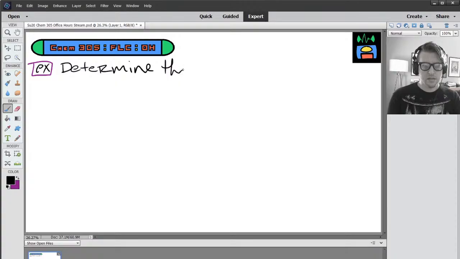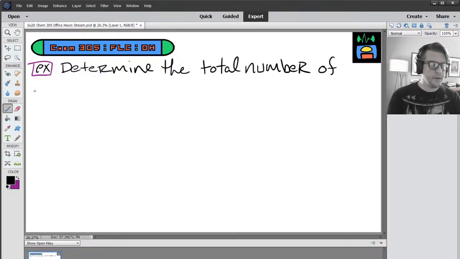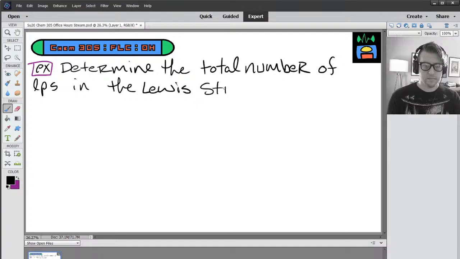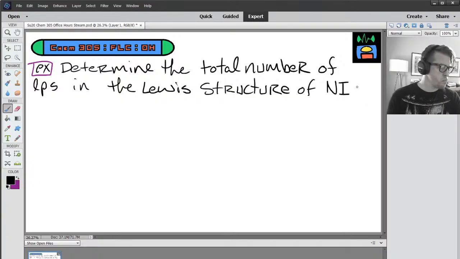Determine the total number of lone pairs in the Lewis structure of NI H2.